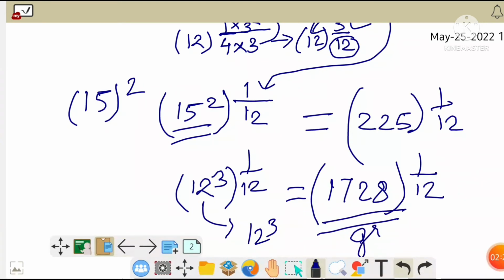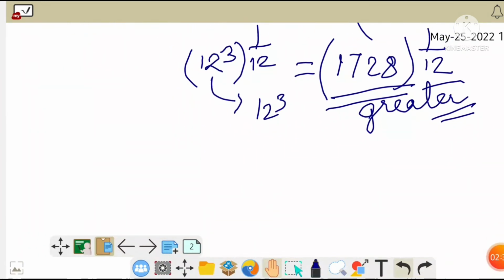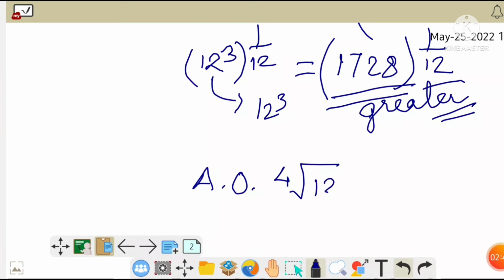So comparing these values, we got that 12 cube, that is 1728, is greater. So we'll write our answer that 4th root of 12 is greater than 6th root of 15.